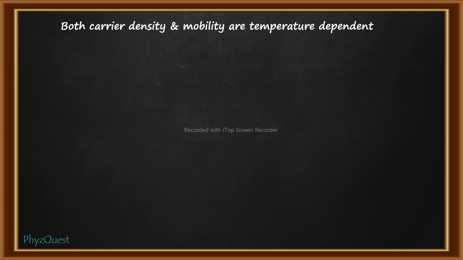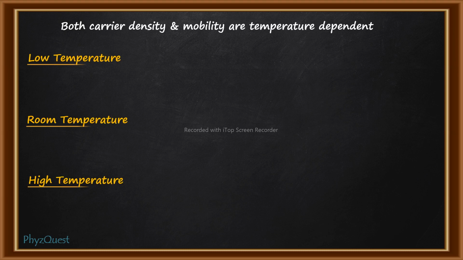We divide the temperature into three ranges, that is low temperature, room temperature and high temperature, and we will see how the carrier densities P and N as well as the mobilities mu P and mu N behave in these ranges, and thereby understand how the Hall coefficient will behave.